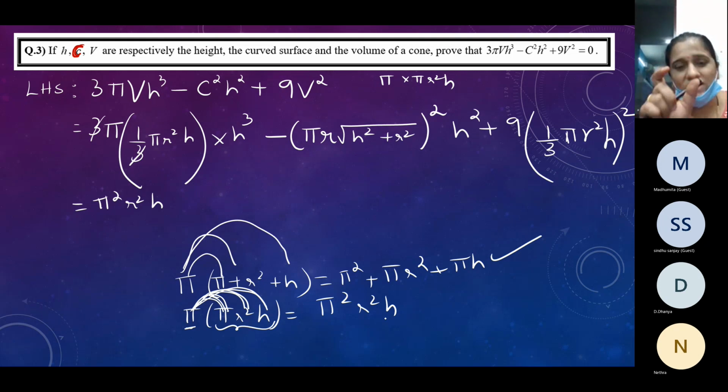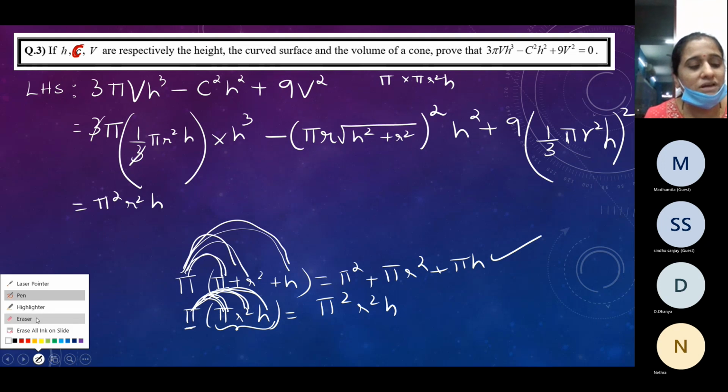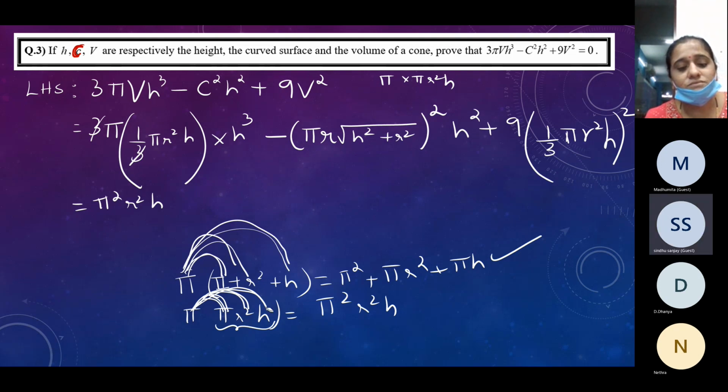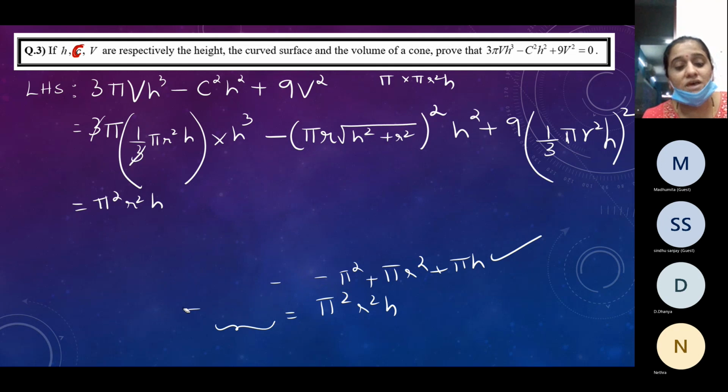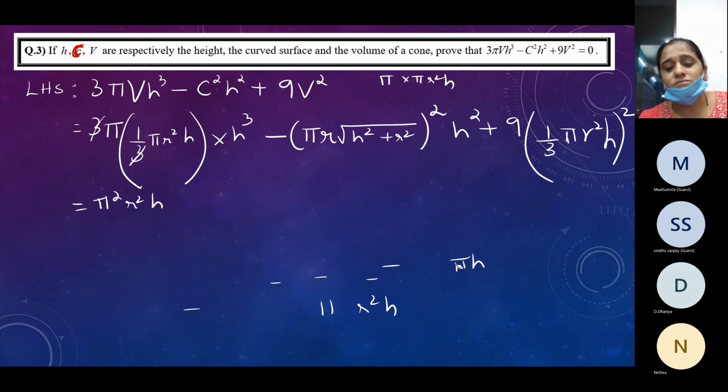Pi r square h is only one term. Into pi is pi square r square h. If there are different terms like pi plus r square plus h, then you should multiply pi into r square, pi into h, because they're different terms. Am I clear, children? Yes, ma'am. So be careful while multiplying.